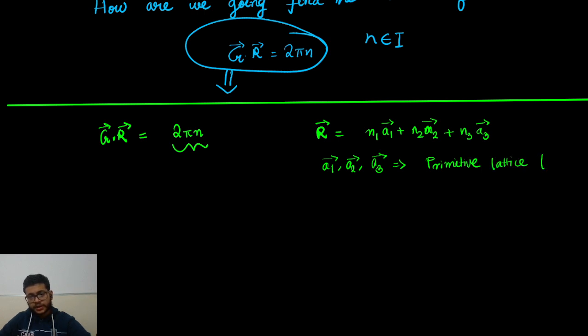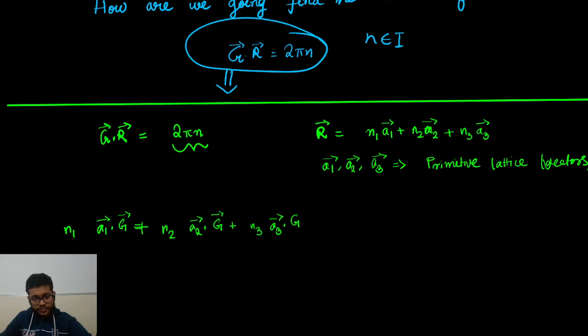If you put that here, we get n1 times a1 dot G plus n2 times a2 dot G plus n3 times a3 dot G equals 2 pi n, an integral multiple of 2 pi.